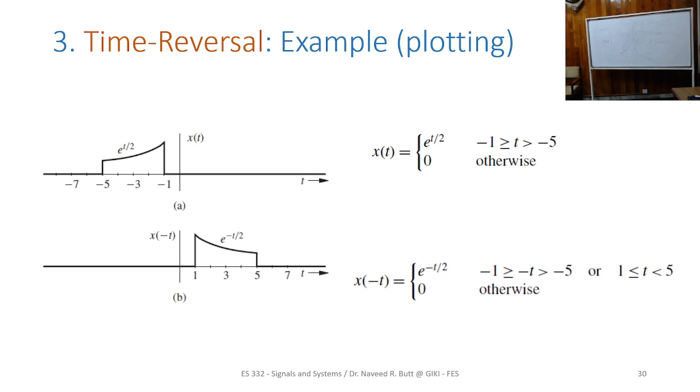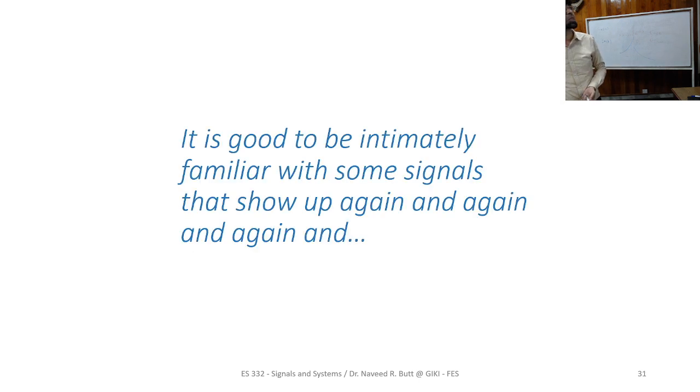So x(t minus 1) brought it to the right, yes, and then the minus outside flipped it. Yeah, so एक flipping इधर हुई है, फिर एक flipping उधर, right? Okay, good.